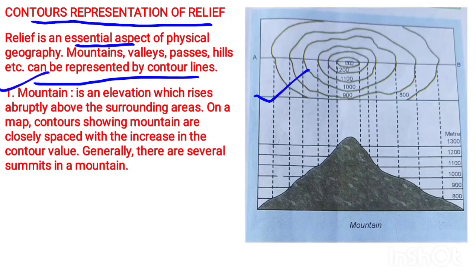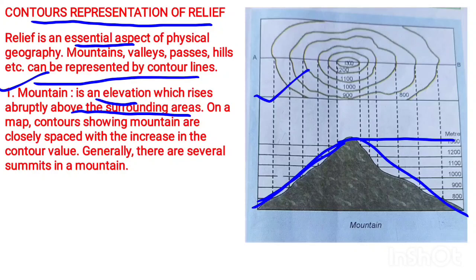Mountain. A mountain is an elevation which rises abruptly above the surrounding area. See, with the help of the diagram, we can easily understand that it is an elevation whose height is 1300 meters. On a map, contours showing a mountain are closely spaced.